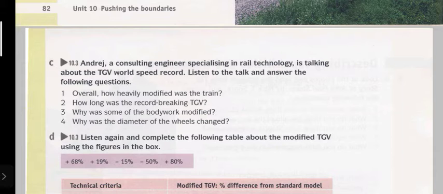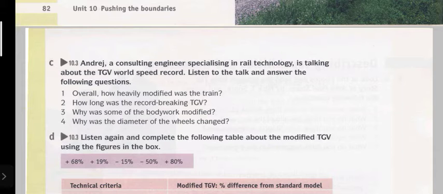The only difference was that some of the seats had been removed to make way for all of the monitoring equipment that was carried on board. And some changes were made to the bodywork to make it slightly more aerodynamic, which meant the drag coefficient was reduced by 1500%.